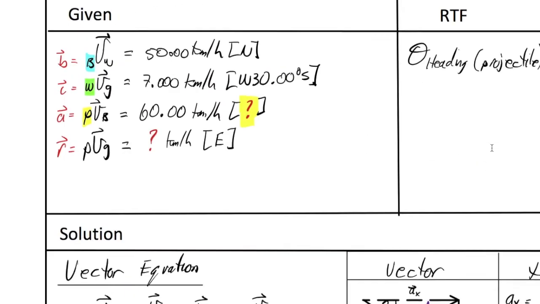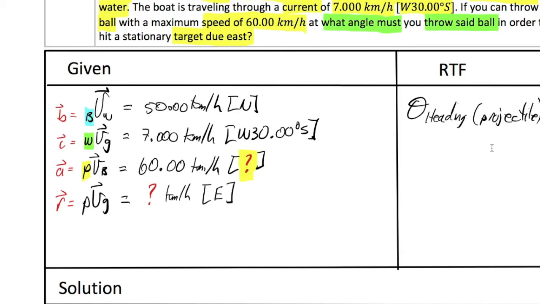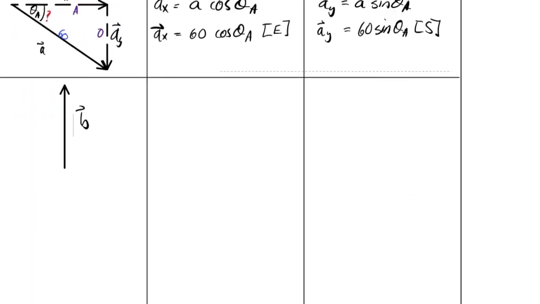Now we focus on vector B. Vector B is 50 kilometers per hour north. It's already in component form. So in this case, our BX is 0 kilometers per hour, the zero vector, and our BY is 50 kilometers per hour, and again the direction.